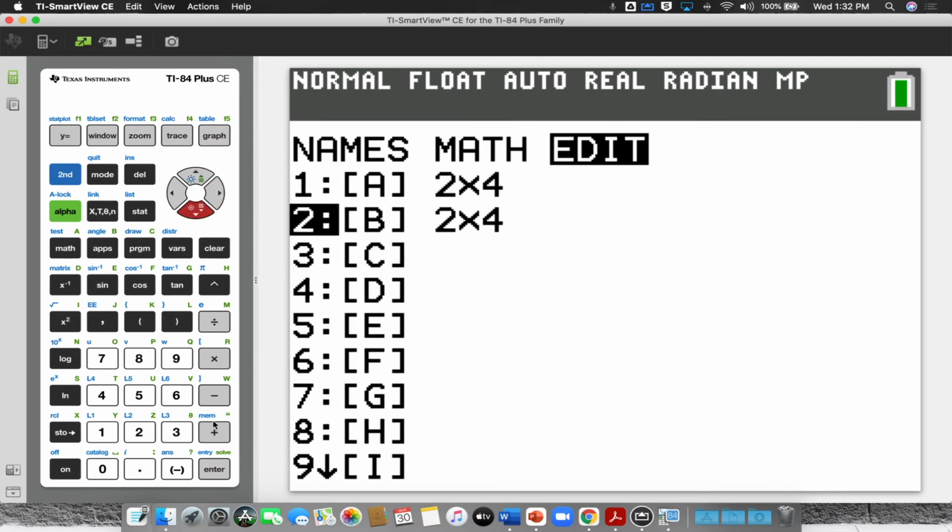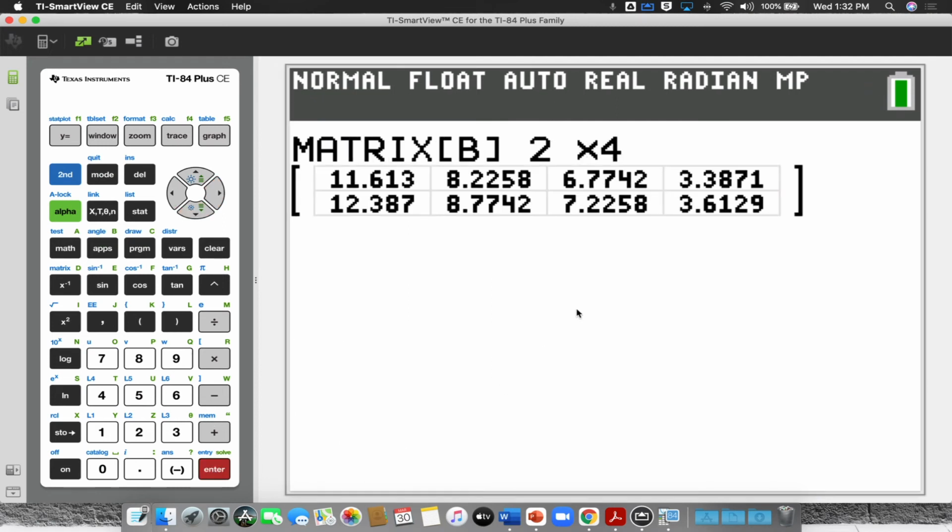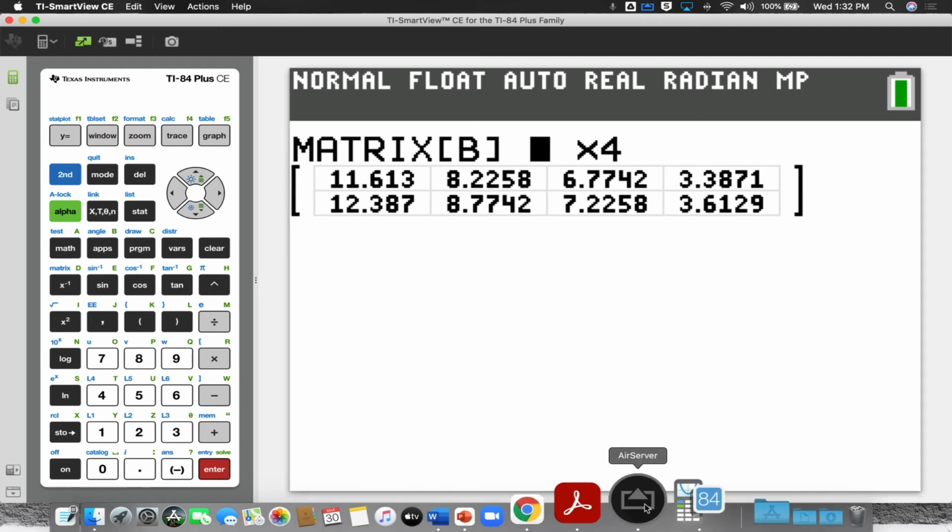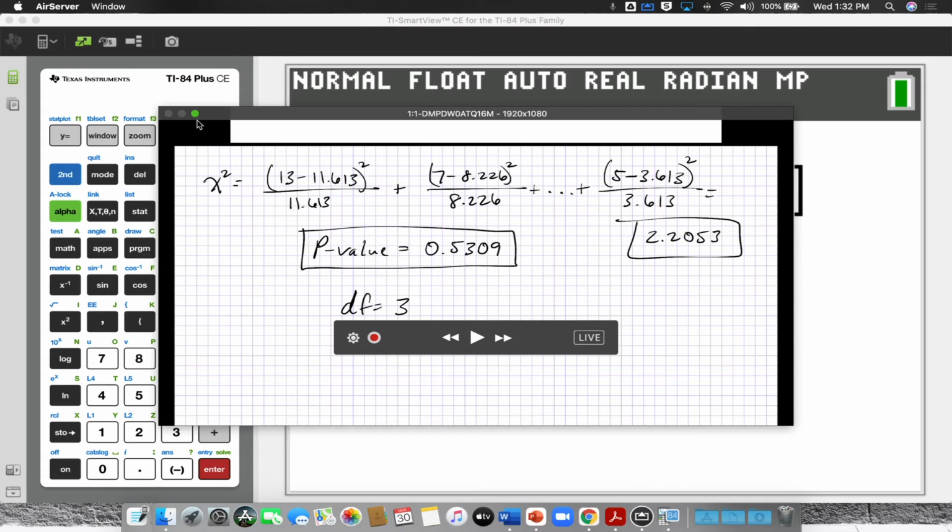Now go down to B. Enter. Those are all of our expecteds. It calculates the expecteds for you. Okay. So that's it for the calculator part right now.